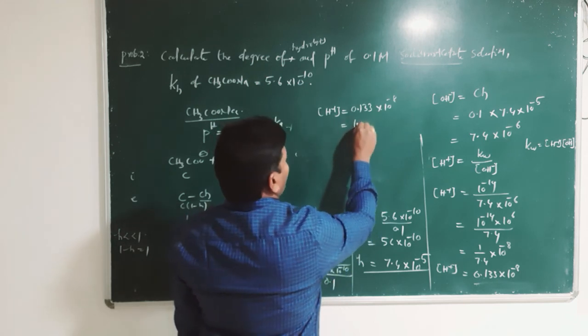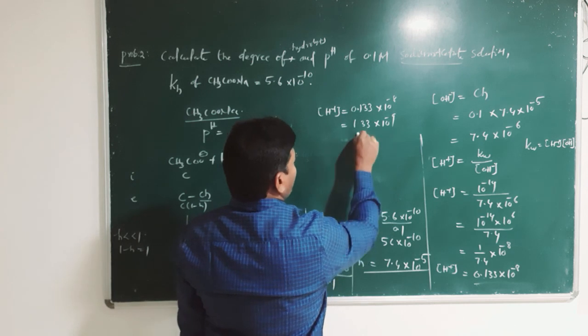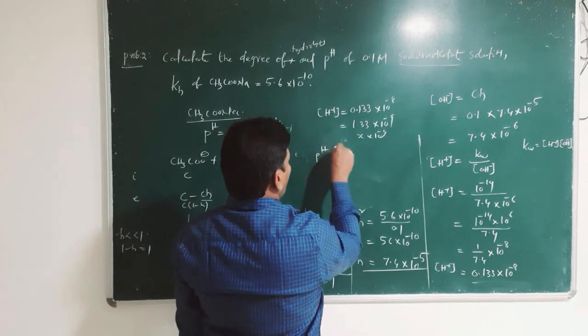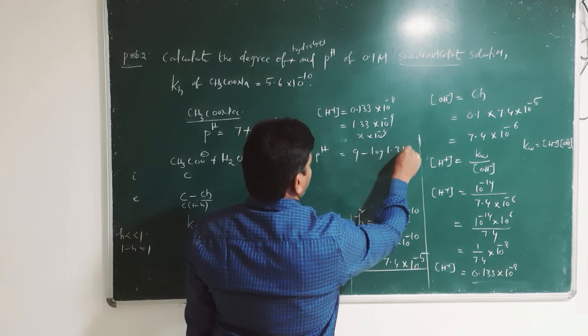We can write it as 1.33 into 10 power minus 9. It is in the form of x into 10 power minus y. Then pH is equal to 9 minus log 1.33.